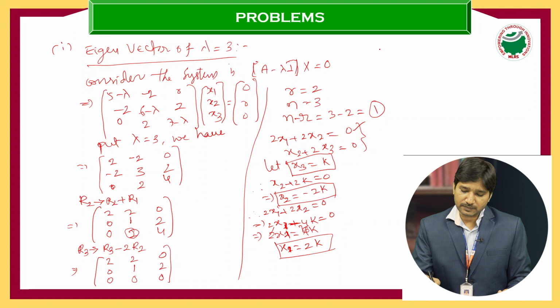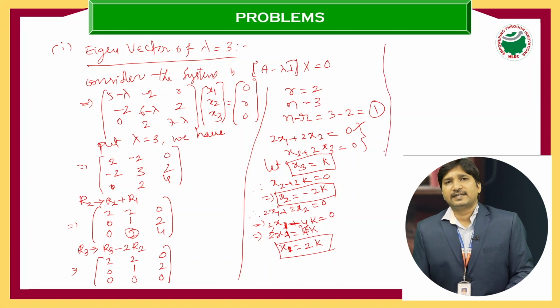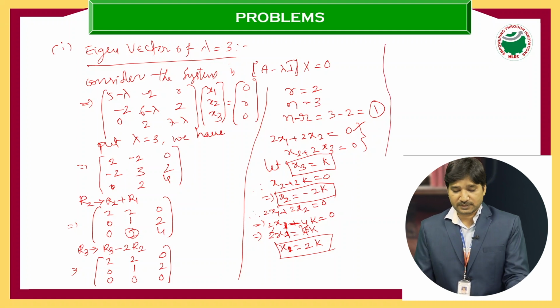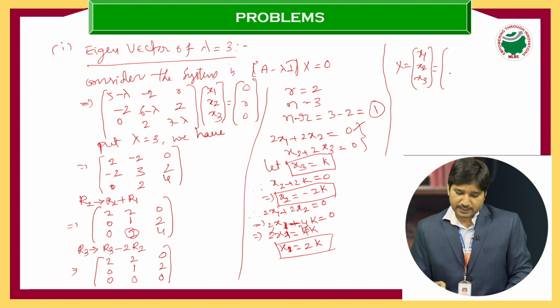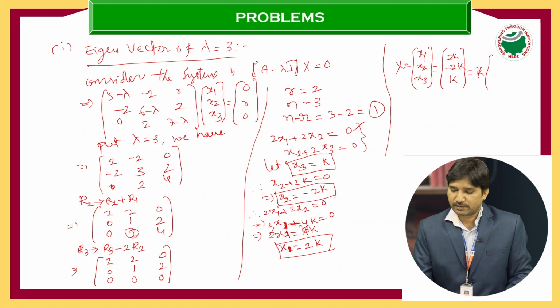Therefore, the eigenvector of the corresponding eigenvalue: we can write X equal to x1, x2, x3, where x1 equals 2k, x2 equals minus 2k, x3 equals k. Taking k as a common factor of the column matrix, that is 2, minus 2, 1.